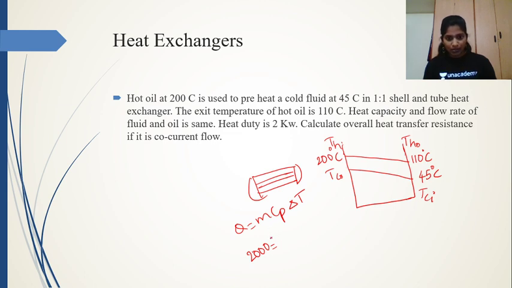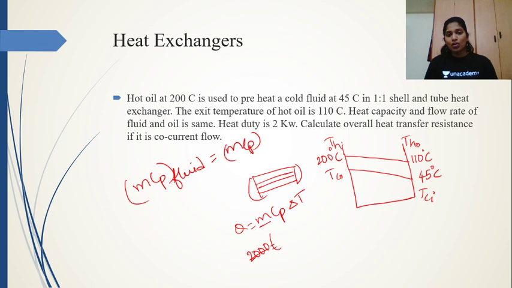We have no data about mass, but heat capacity and flow rate of fluid and oil is given as the same, so MCP of fluid is the same as the MCP of water.